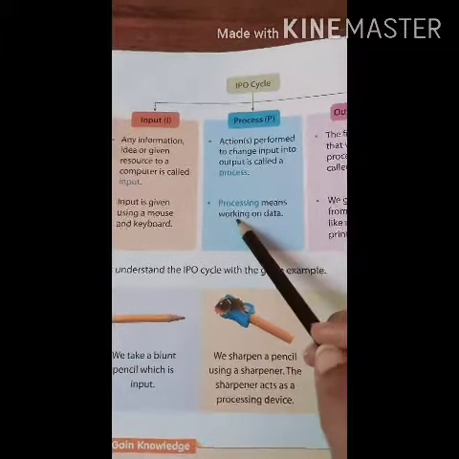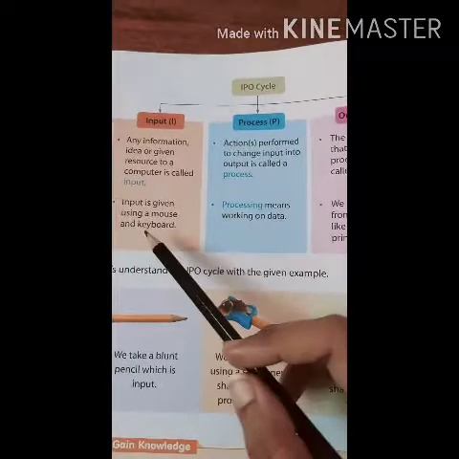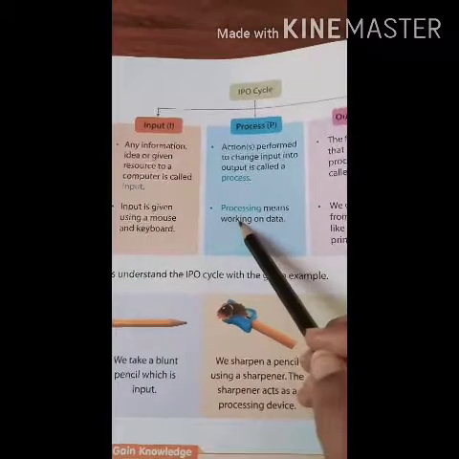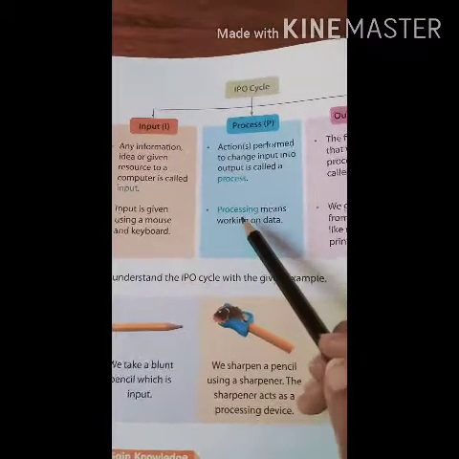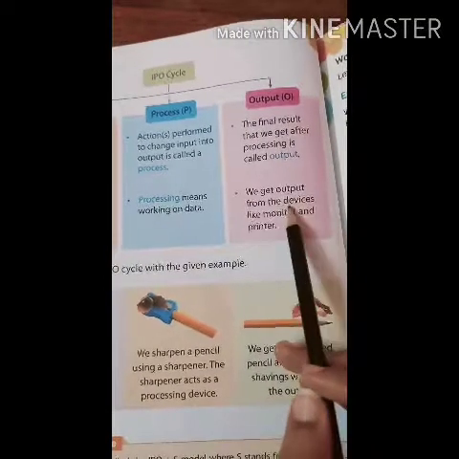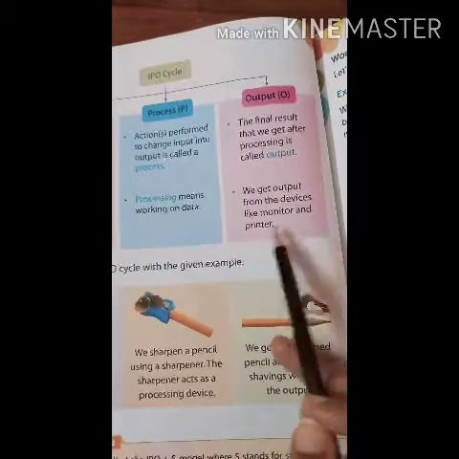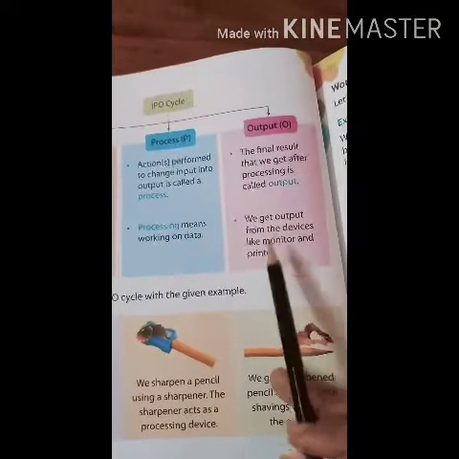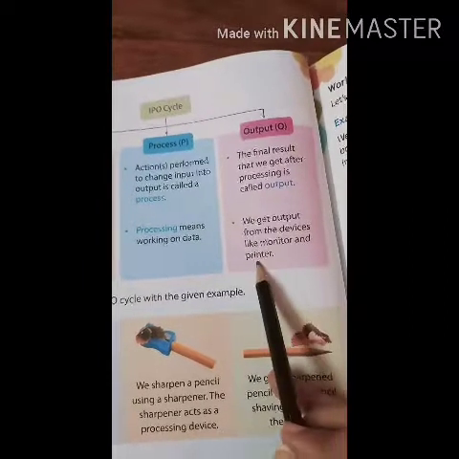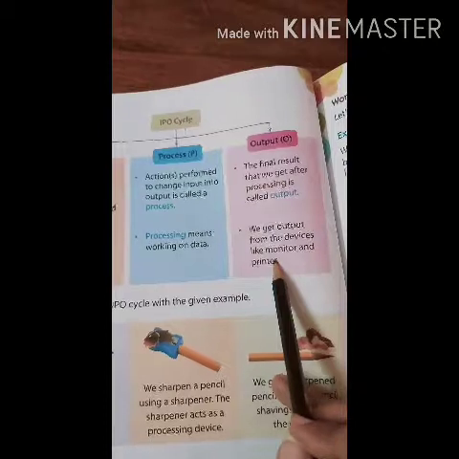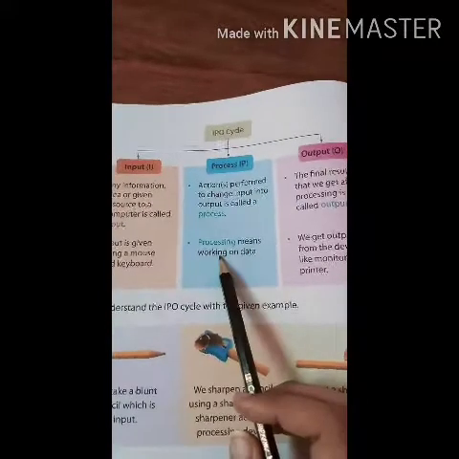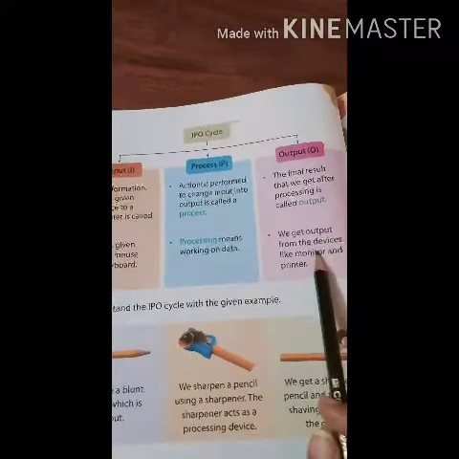CPU is the processing device. क्योंकि जो भी हम वर्क डाल रहे हैं माउस एंड कीबोर्ड की हेल्प से, बट वो प्रोसेस किससे हो रहा है? विद द हेल्प ऑफ सीपीयू. एंड द नेक्स्ट इज वी गेट आउटपुट फ्रॉम द डिवाइस लाइक मॉनिटर एंड प्रिंटर. सो वॉट एवर द फाइनल रिजल्ट वी गॉट फ्रॉम द मॉनिटर and from the printer. So these are the output devices also. Got it? So input, processing, output.